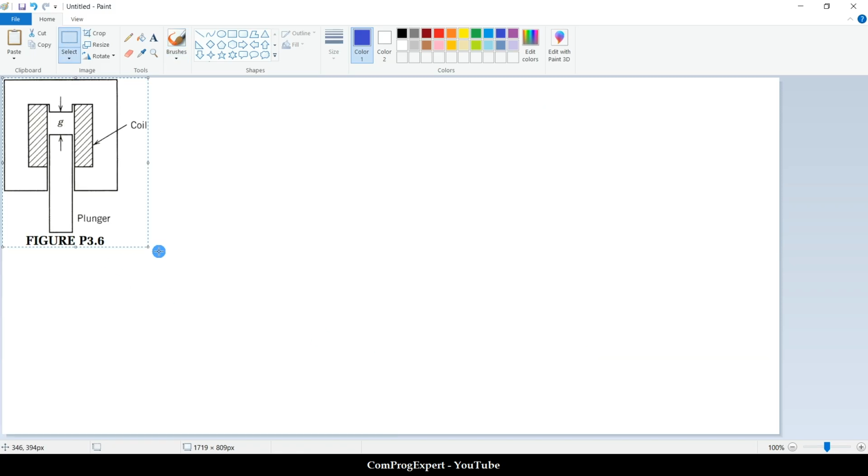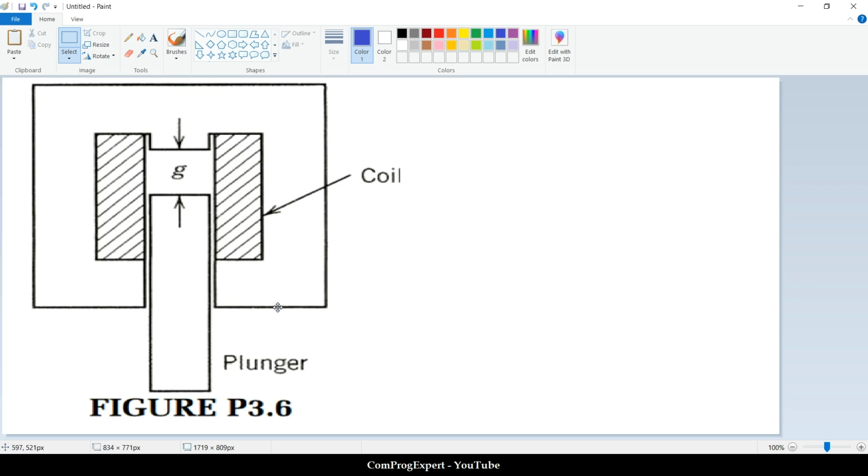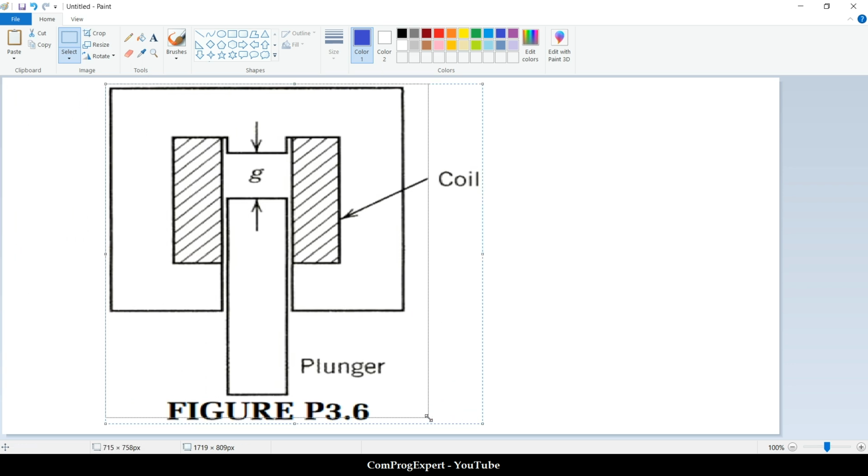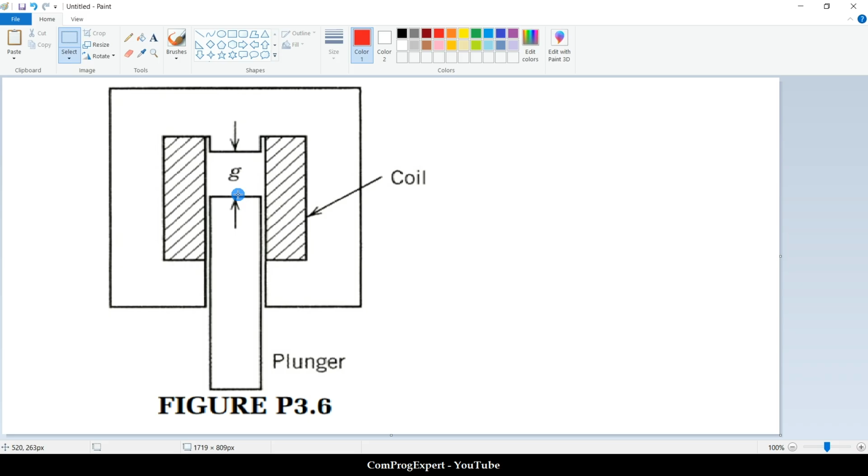So let's plot the flux line. Here we have one air gap. And here we have two contacts, but the thickness of the air gap is very low for this location and this location. We can neglect the magnetomotive force drop on them.